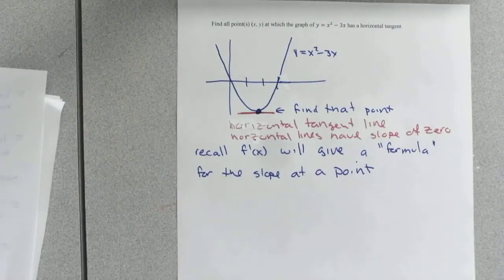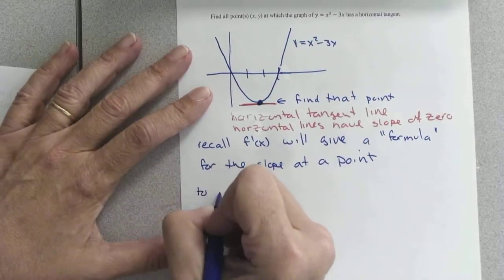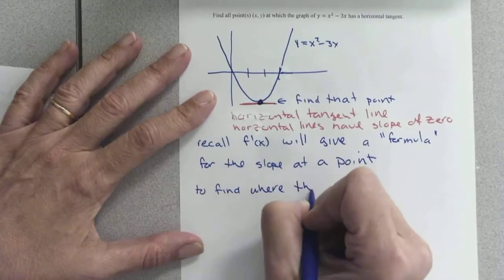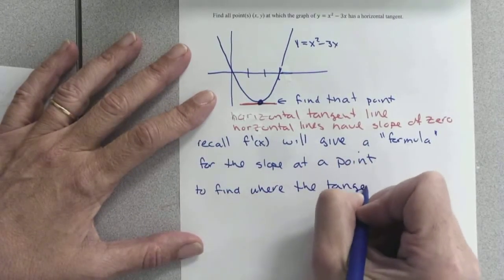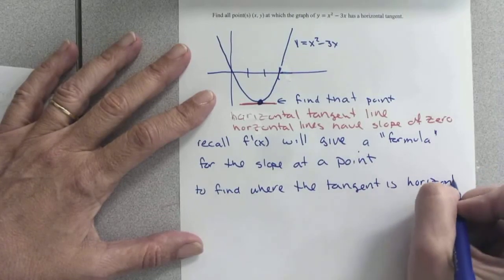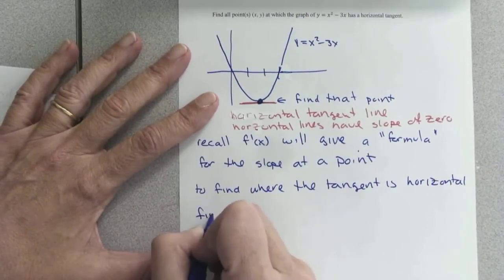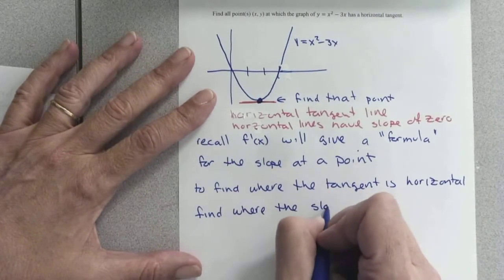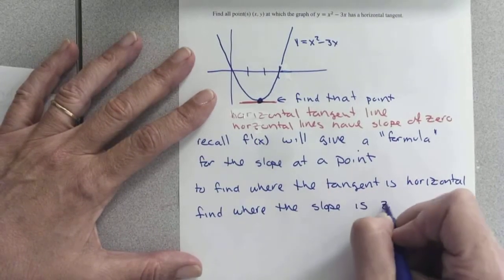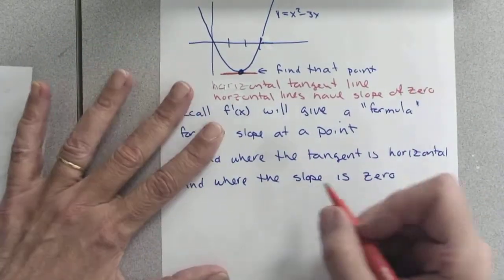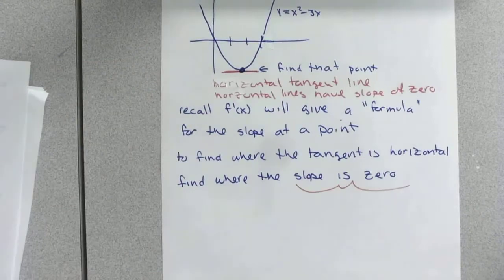So there's our connection. To find where the tangent is horizontal, find where the slope is 0. Well, right there, slope is 0.